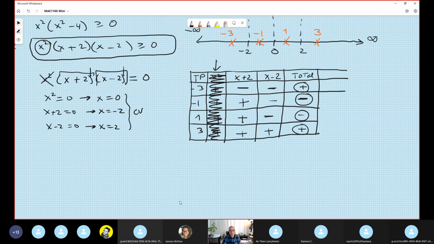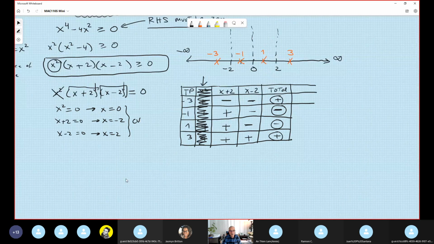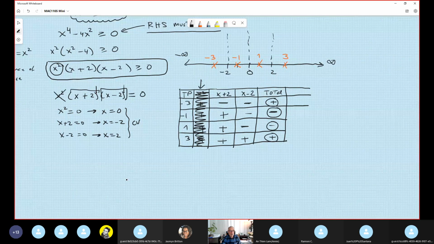Good. Now, after that, I come back to the beginning. The beginning says my inequality is greater than or equal to 0. And if it is less than, it is another case. It depends on the information given. This is a synonym for saying positive. So the solution is supposed to be this and this, the positive, and this no. You don't need to cross it, you leave it like that.